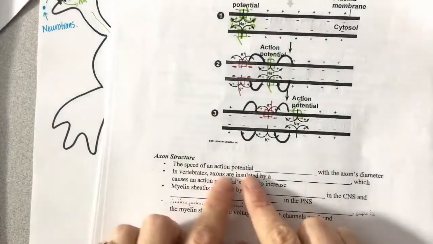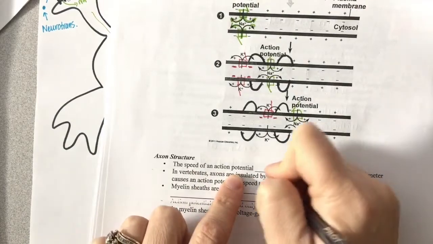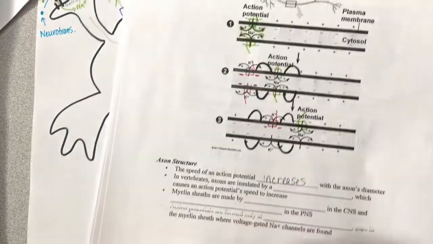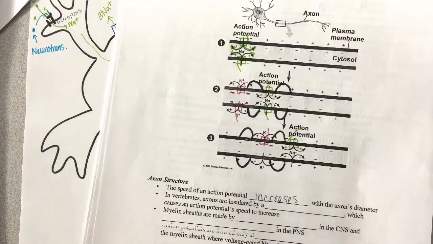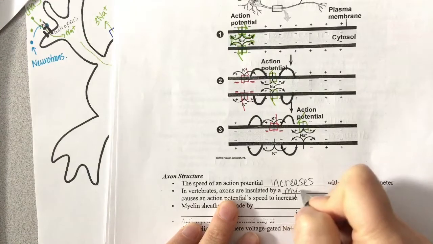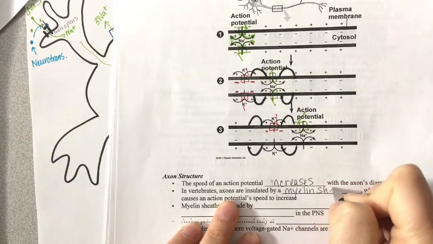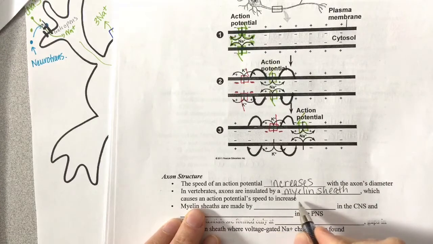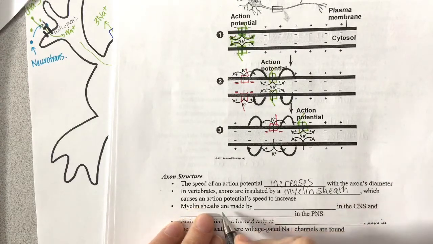So if we look here, the speed of an action potential increases with the axon's diameter. We already wrote that. In vertebrates, axons are insulated by the myelin sheath, which causes the action potential speed to increase. So it goes much faster as a result of the myelin sheath.